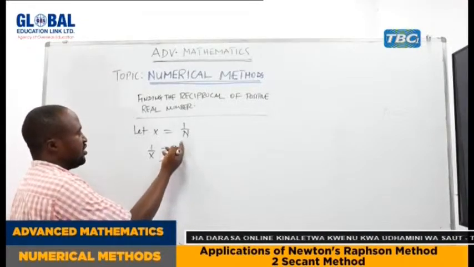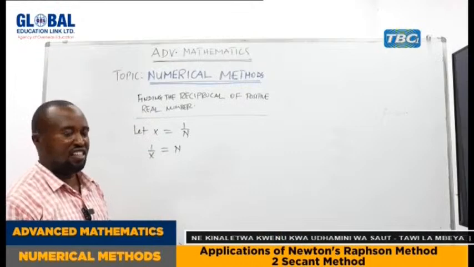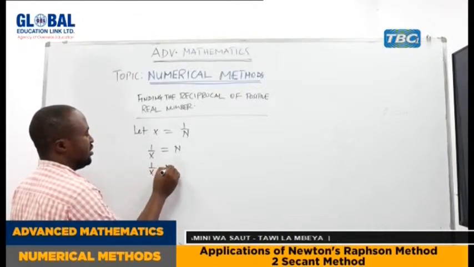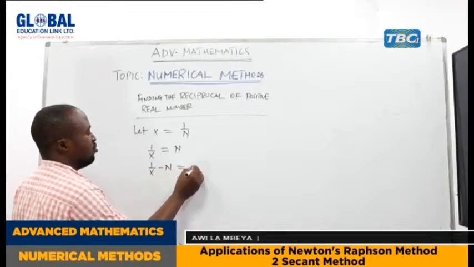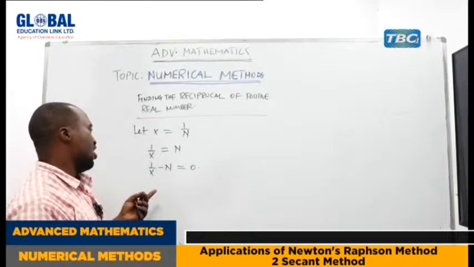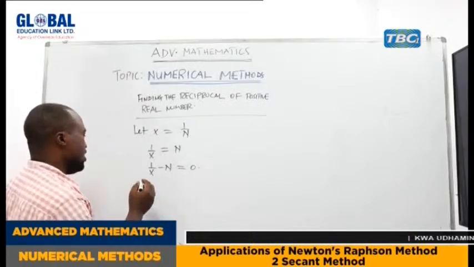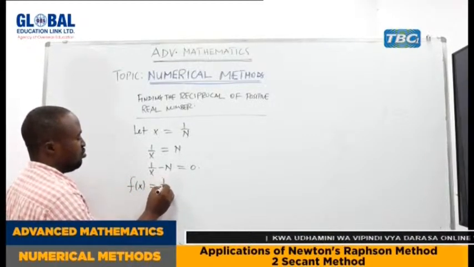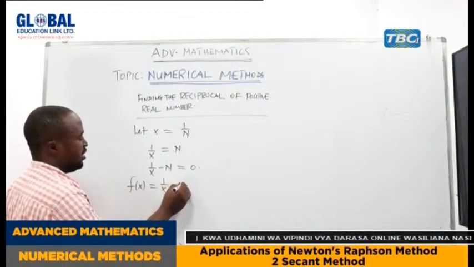Now let us shift this real number to our left hand side. So we are going to have 1 over x minus n is equal to 0. Now again, call this our function. That is, let f of x is equal to 1 over x minus n.